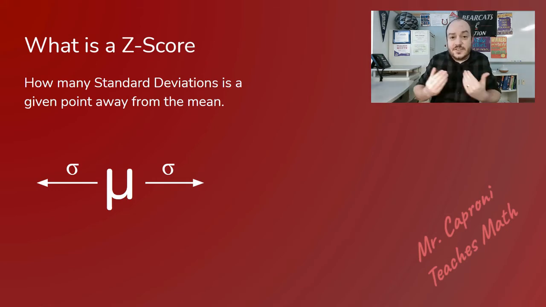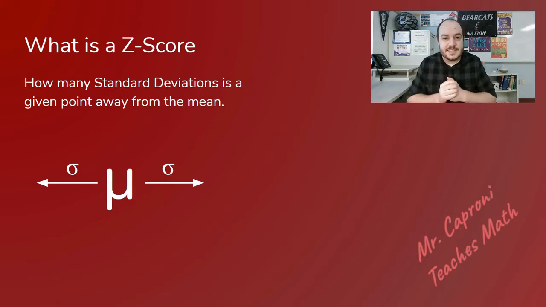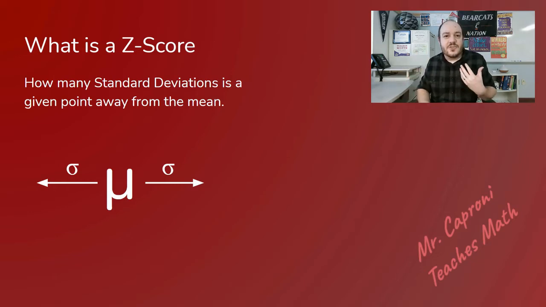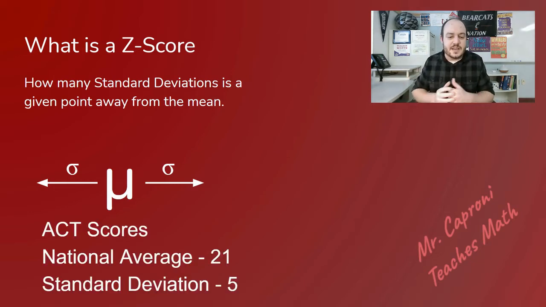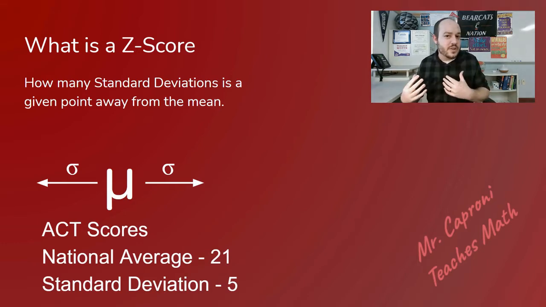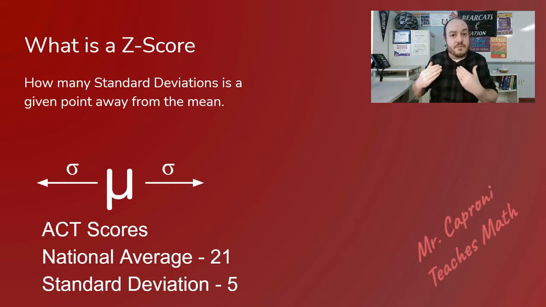So then a z-score comes in. That's if I take any one individual point from that list and see how far away from the mean it is by using that standard deviation we found as a form of measurement. Now, I can look at it here to help you out with an example. If I'm looking at the ACT scores in America, the national average is a 21 with a standard deviation of about 5.